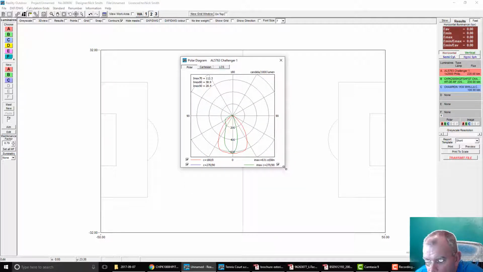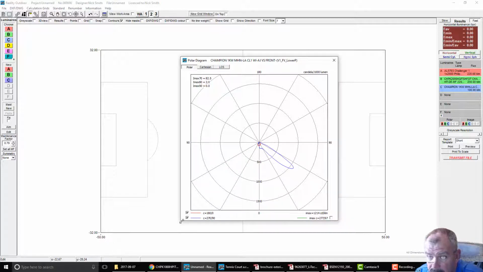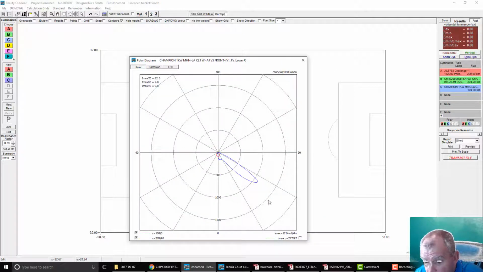Now, one of the things that you will find with lantern manufacturers is that there are normally two ways to photometer the lantern. The first one is that you mount the fitting horizontally, if we look at this distribution here, and this fitting has been photometered horizontally, and as a result the blue distribution is showing you the light coming out of the fitting, which is here, and we've drawn a section through the lantern and the distribution.